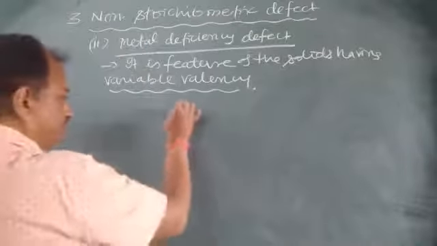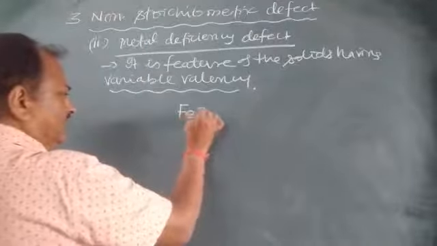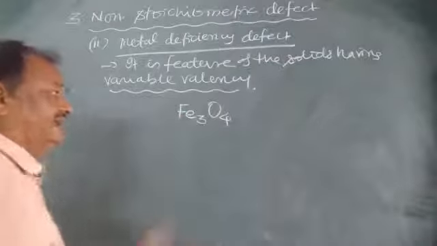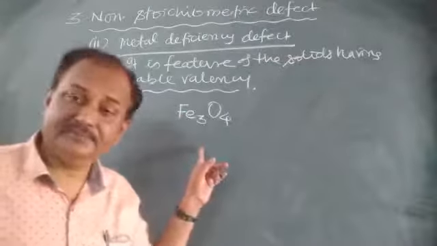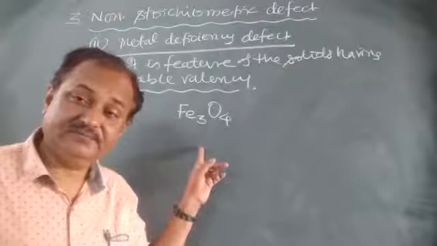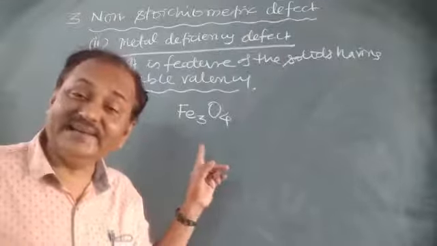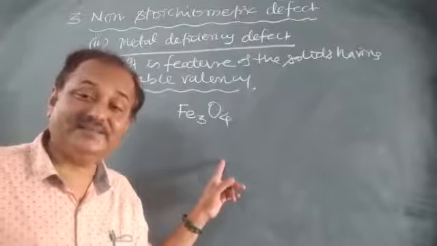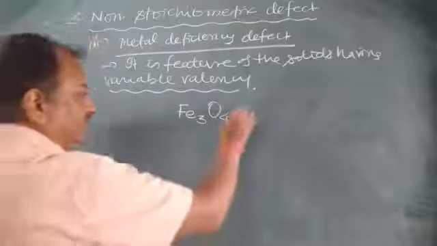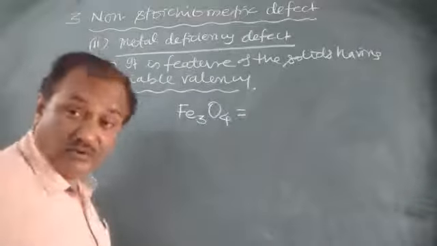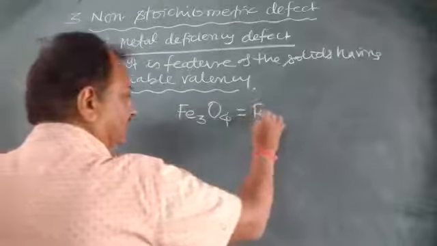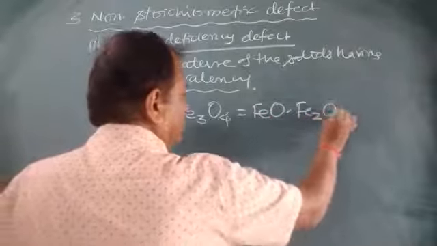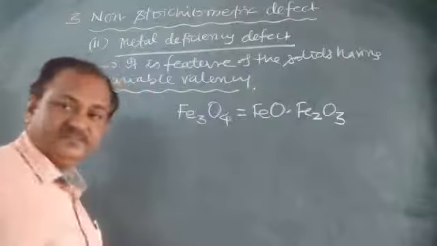Like, see, we write Fe3O4, but technically, in terms of chemistry, it is not correct. Fe3O4 is equal to FeO and Fe2O3.